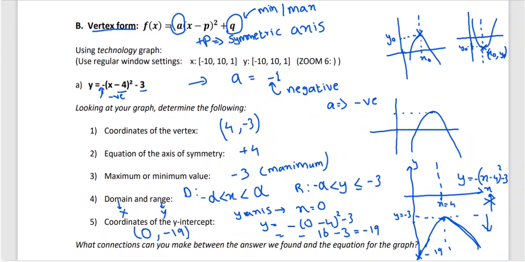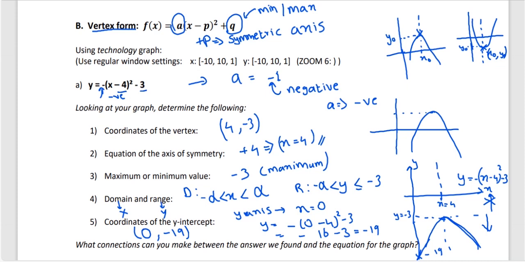So now we have answered all 5 questions. The coordinates of the vertex are (4, -3). The equation of the axis of symmetry is x equals 4. From the negative sign, we know this is a maximum curve, and the maximum value is negative 3.